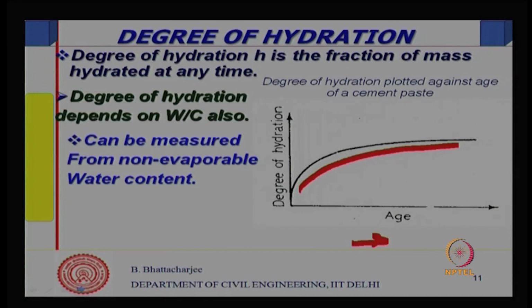And one can measure this from non evaporable water content. You take the cement paste at any age, prepared under controlled conditions with continuous hydration, and then block the hydration by some treatment. Actually, if you put isopropyl alcohol on it, that will absorb all the water and stop the hydration. So at any age you can stop the hydration, then heat it up to find the non evaporable water content.